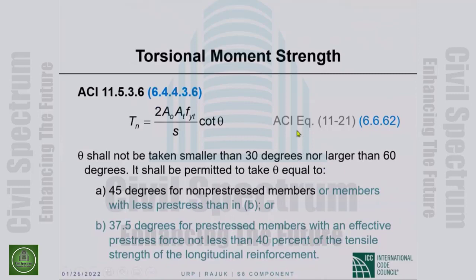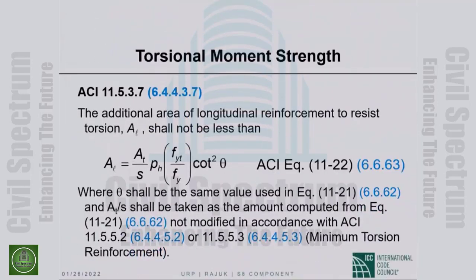So 45 degrees for non-pre-stress members, 37.5 degrees for pre-stress members with effective pre-stress not less than, I'll let you read that. So theta is between 30 and 60 degrees. We typically take it as 45 degrees for non-pre-stress members.